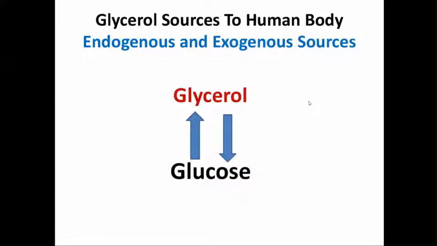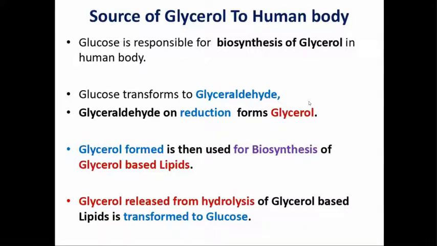From glycerol, we can make glucose through gluconeogenesis, which is the formation of glucose from non-carbohydrate sources. We can get glycerol from glucose as well. Glucose transforms to glyceraldehyde, and glyceraldehyde reduction can form glycerol. Glycerol formed is then used for biosynthesis of glycerol-based lipids. Therefore, we can get glycerol from glucose or exogenously.